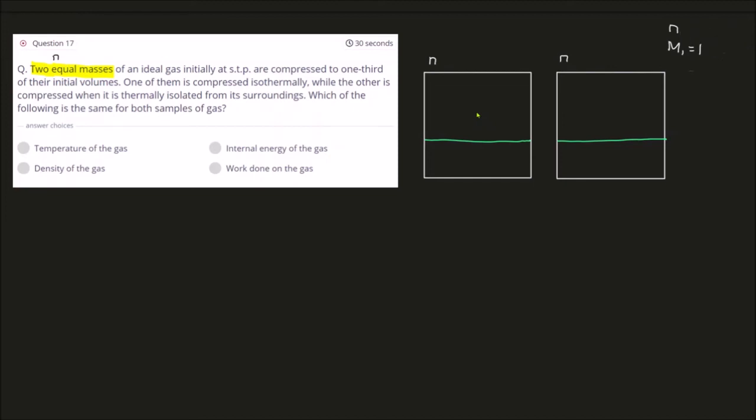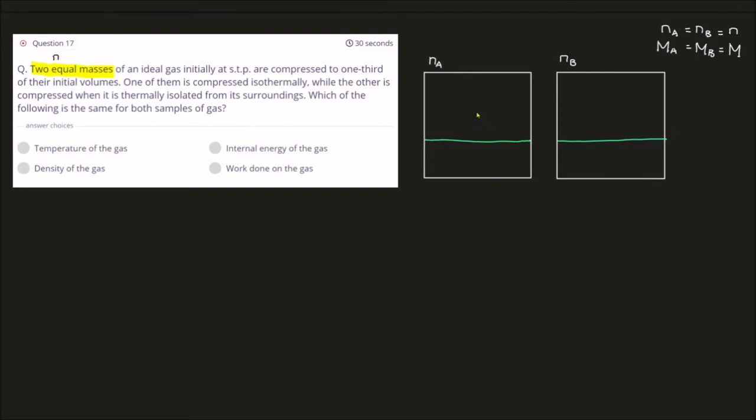We should change it to system A and B instead. So the number of moles of system A is equal to the number of moles of system B, and they both have the same number of moles. The molar mass of system A is equal to the molar mass of system B, and we can call them M.